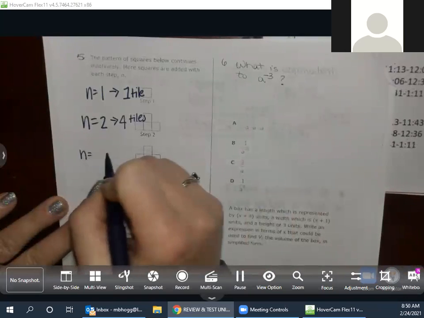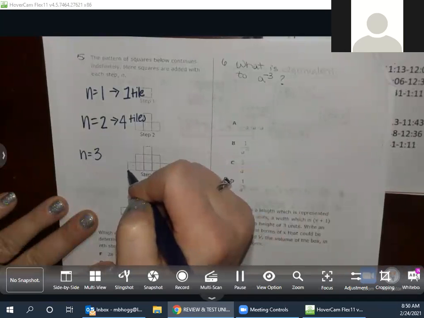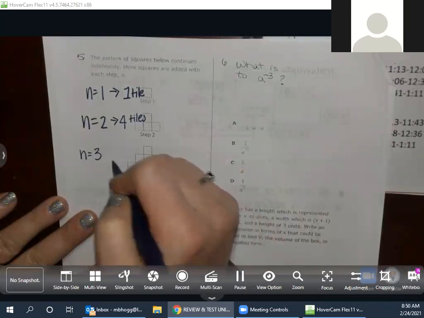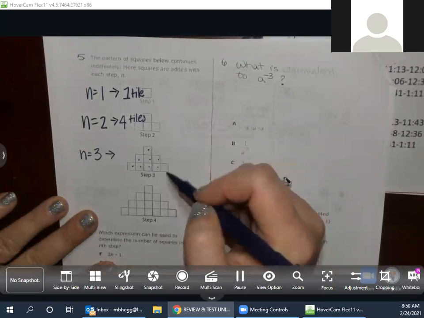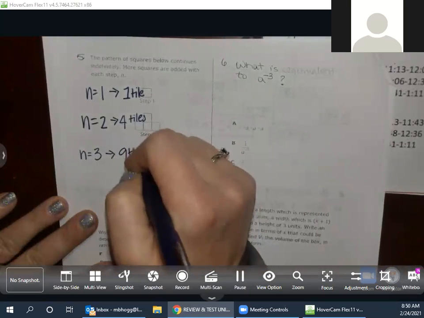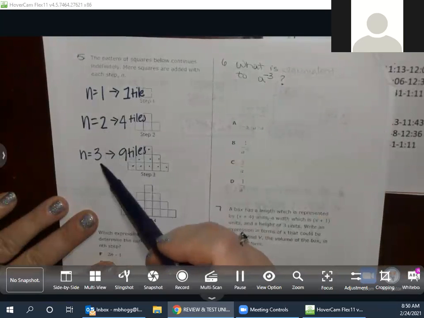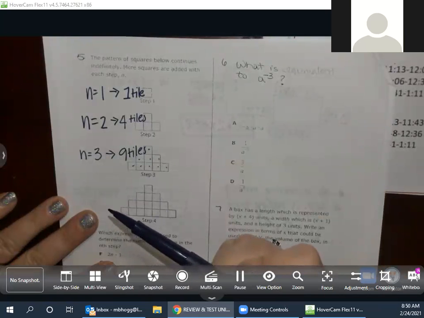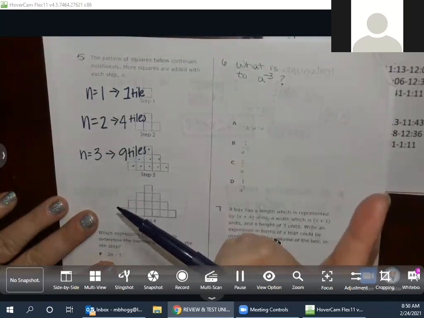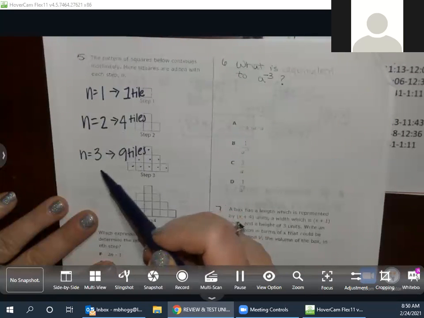When the step, or n, is 3, step number 3, there are how many tiles? 9 tiles. Does anybody see a pattern? 1 to 1, 2 to 4, 3 to 9. It's squaring. Do you see that? 1 squared is 1. 2 squared is 4. So what is step 4?